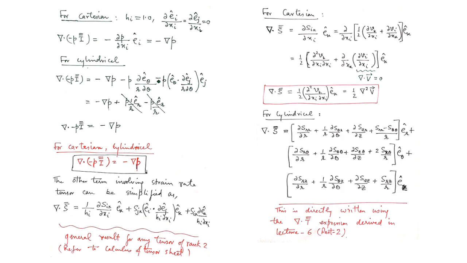Now we will show that even if we consider the cylindrical coordinate system, a similar result can be obtained with a little more manipulation and mathematical effort. It is true that in Cartesian it was very easy and came in 2 steps, but the same result will come in cylindrical also, with more effort.